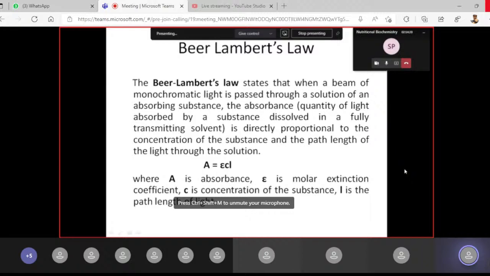Concentration decreases, absorbance decreases. This constant is known as the molar extinction coefficient. So this is Beer-Lambert's law, which is very important. You need to remember it states that absorbance is directly proportional to concentration and path length, and epsilon is the molar extinction coefficient. This is the basic principle on which the colorimeter and spectrophotometer work.